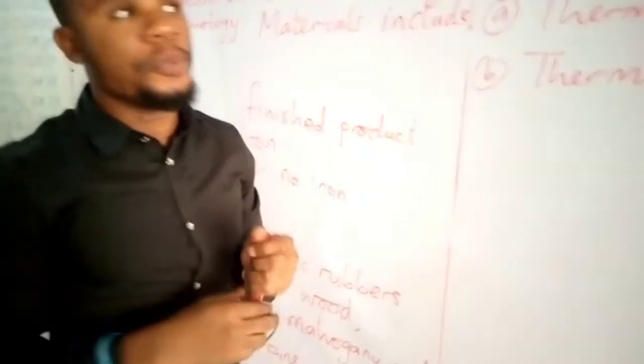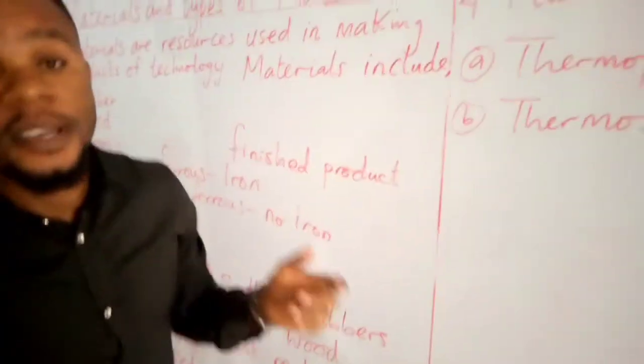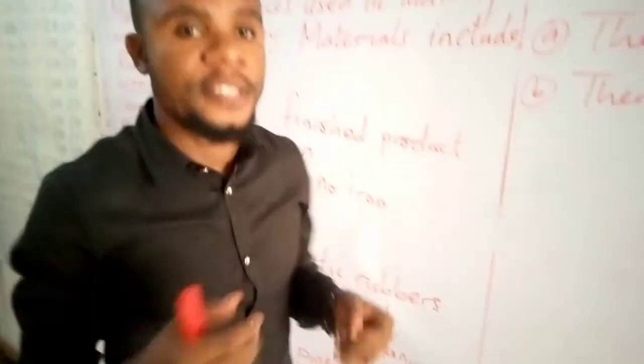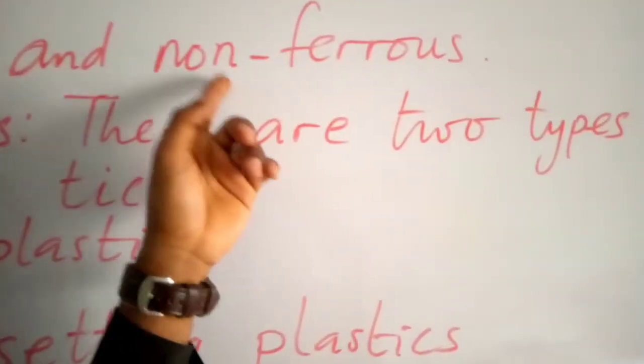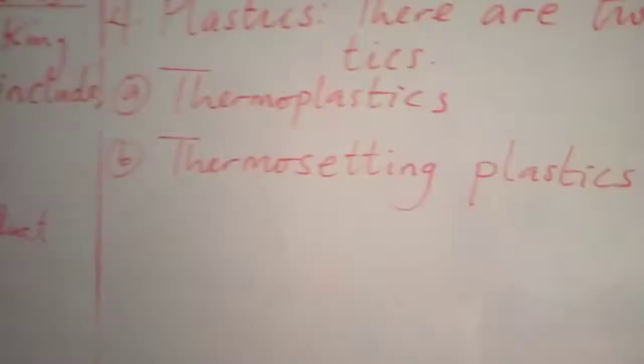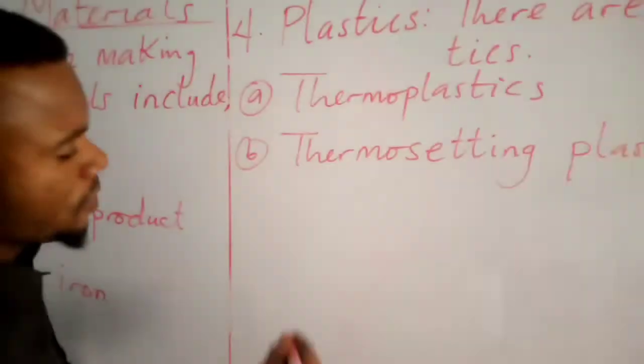Like your roofing sheet, the aluminium is a non-ferrous metal. Your gold, your silver are also examples of non-ferrous metal. So you should be able to differentiate between ferrous and non-ferrous.